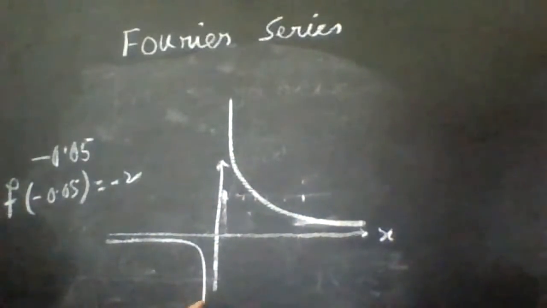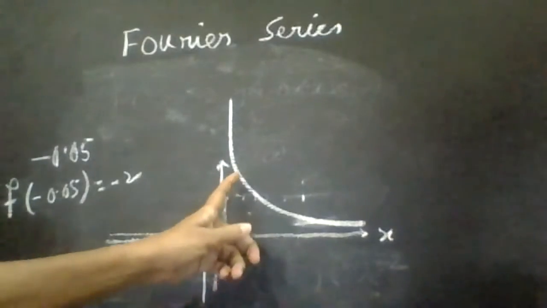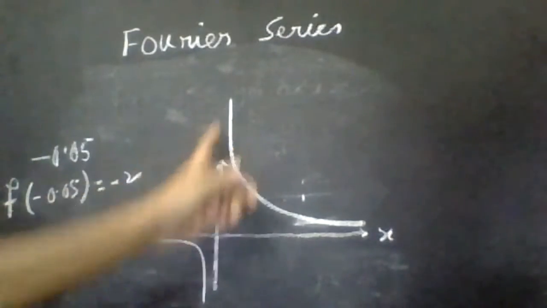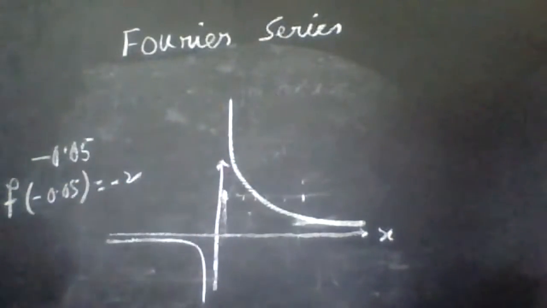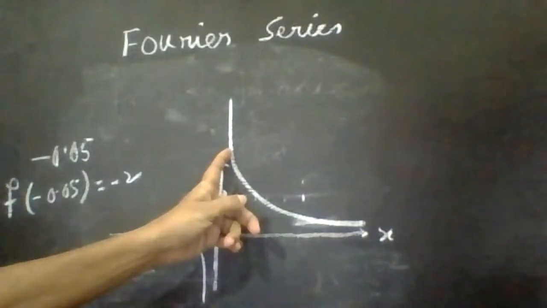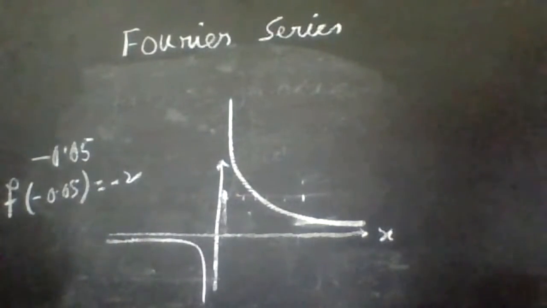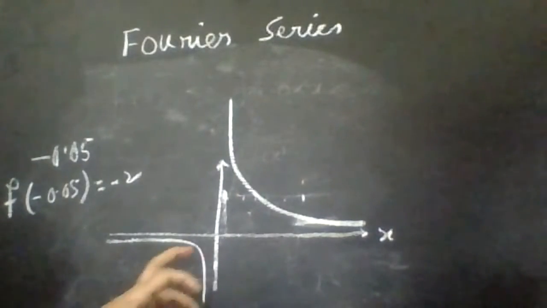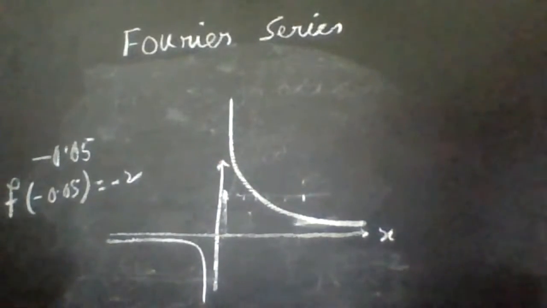If you have a function like this, then you can see that at the point x equals to 0, there is infinite gap. So it will be called infinite discontinuity. But its left hand limit exists, its right hand limit exists. Its value is not infinity. But you can see that left hand limit is not equal to the right hand limit.